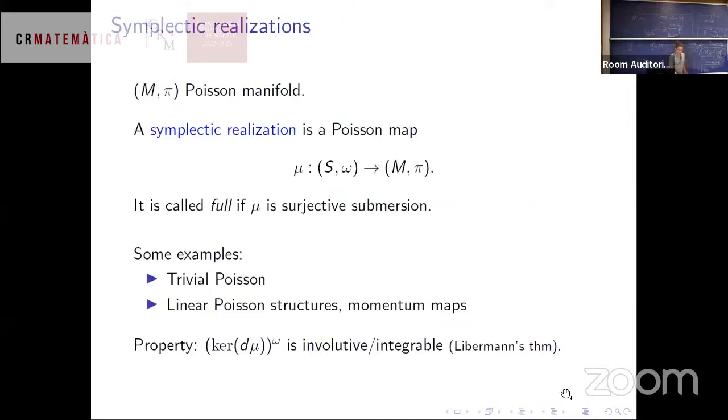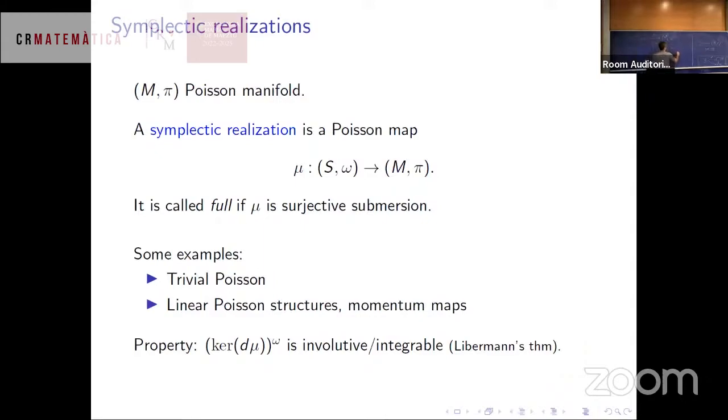All right. So there is one property of symplectic realizations that is kind of interesting. Basically, they don't appear by themselves. So whenever you have a symplectic realization, there is an additional foliation in the story. Okay, so if you have a symplectic realization, let's suppose this is S, and that's your map mu to M, and these are the fibers of your map mu.